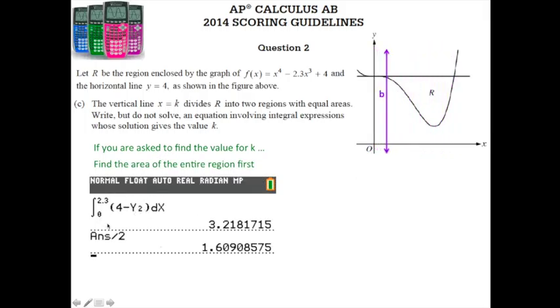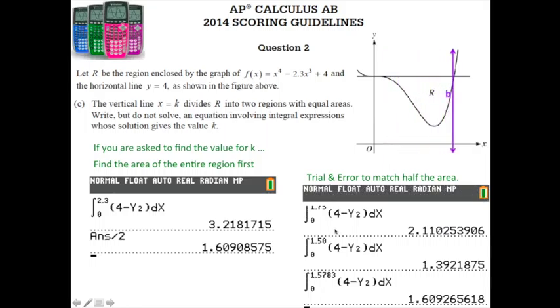So here's just basically what we've discussed on the previous page. And let's do some trial and error here. So I tried 1.75 and I got 2.110. That's too big. I tried 1.5, I got 1.392. That's too small. And then I tried a bunch of other ones after that, and I finally figured out that 1.5783 got me pretty darn close.